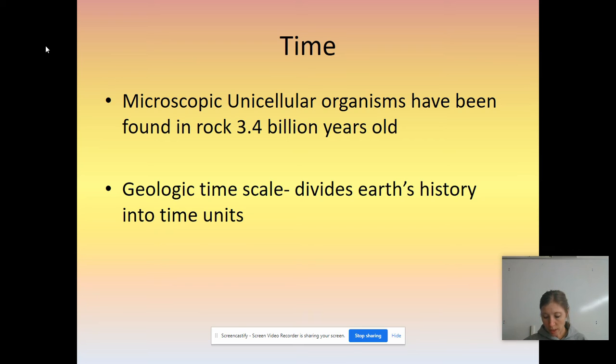I'm on page 193, and I do want you to take a look at page 193 because it's the geologic time scale. You won't have to know it, but I do want you to see what basically was nothing on Earth for a long period of time. From 4.6 or 4.5 billion years ago to 542 million years ago, not a whole lot was going on.